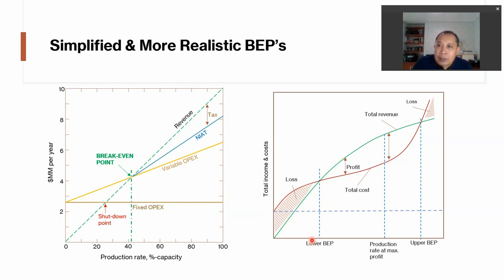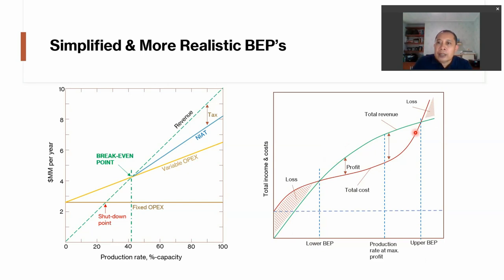However, as we increase the production rate, the total revenue will actually decelerate with the production rate. So you see this downward flexing curve, while total costs tend to increase exponentially as you increase the production flow rate.